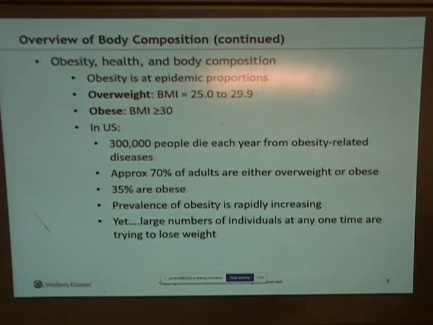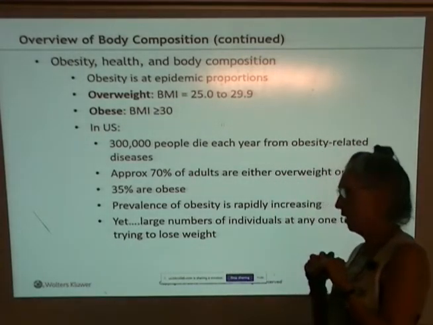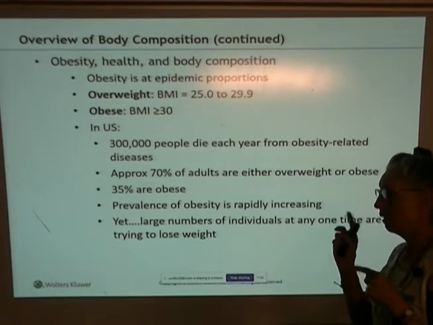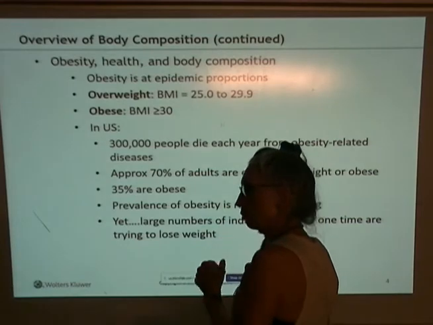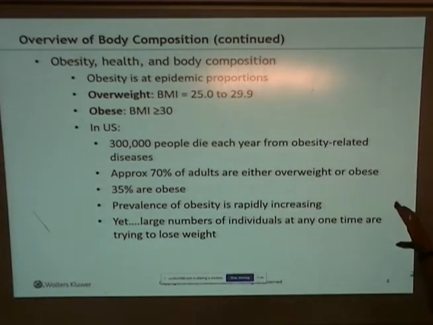Somewhere around 70% of adults in the States are either overweight or obese, and they estimate around 35% are obese. And I'll show you why I think these numbers may be higher than this now, because I've pulled up the most recent obesity trend map from the CDC to show you.